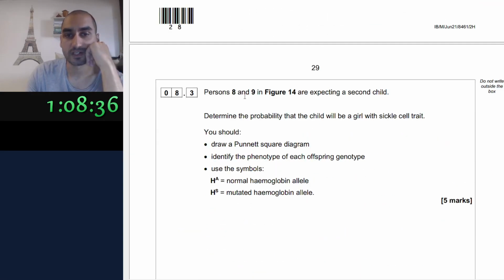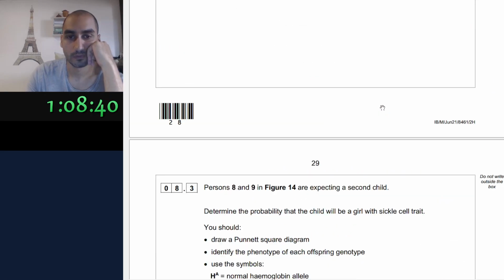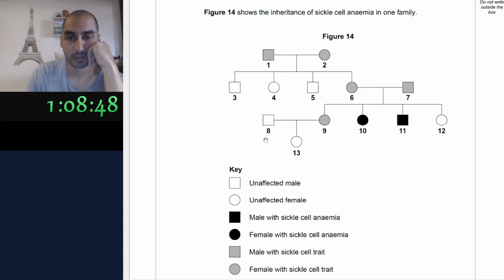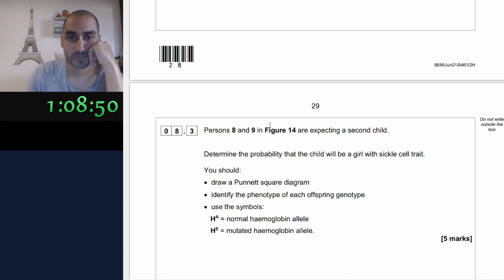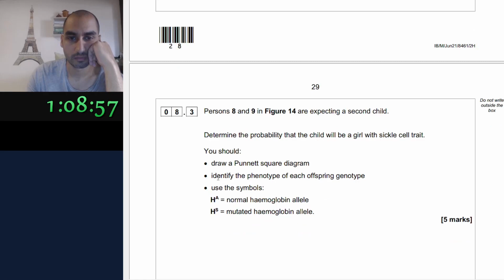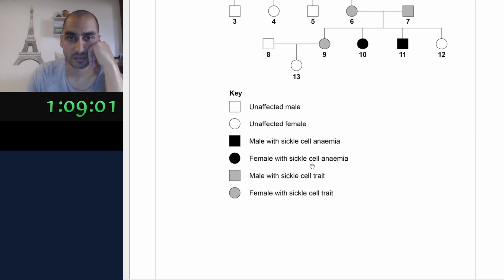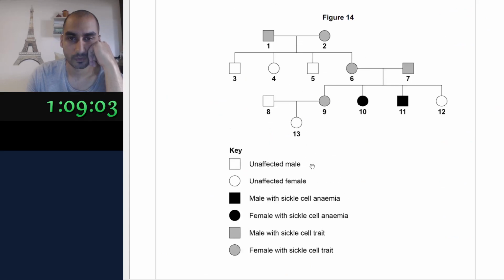Persons 8 and 9 in figure 14 are expecting a second child. Okay. Determine the probability that the child will be a girl with a sickle cell trait. Is it that complicated? Isn't it just... So the fact that they have a child is irrelevant.